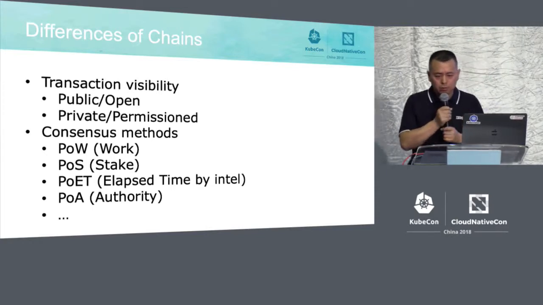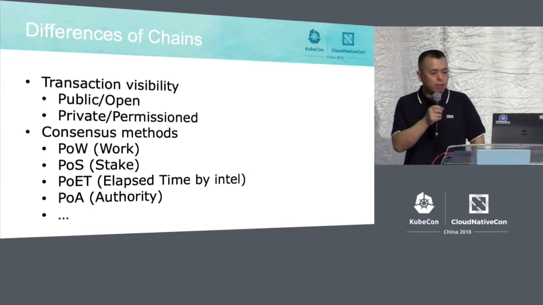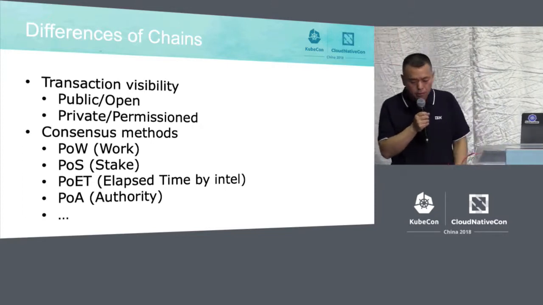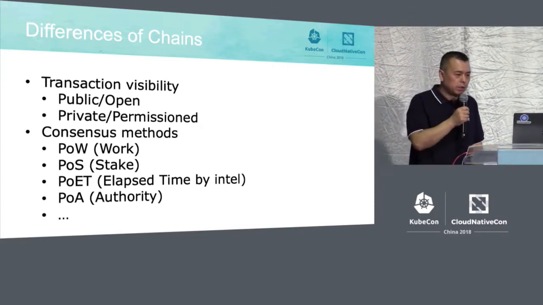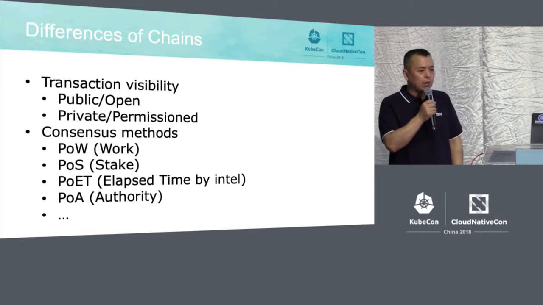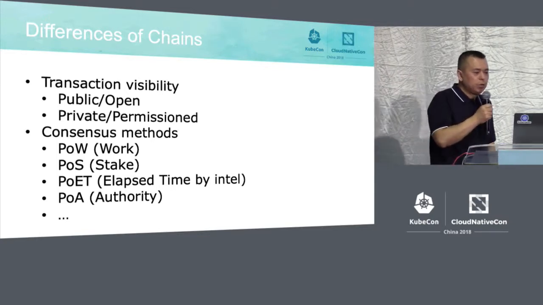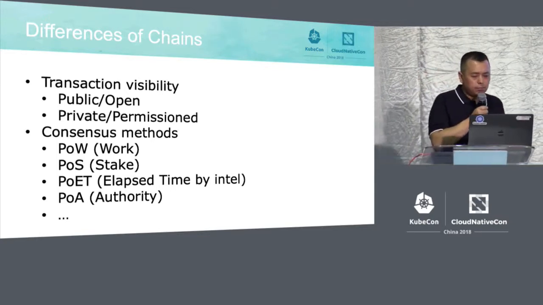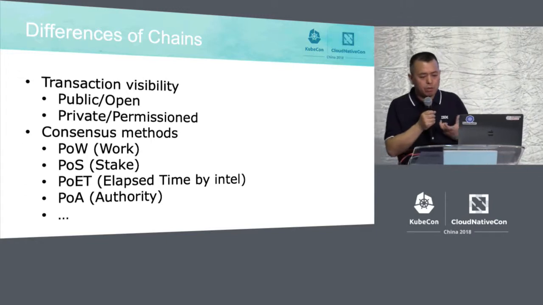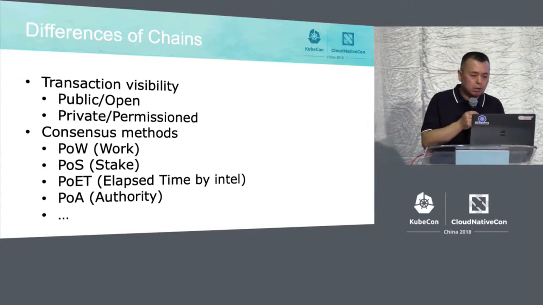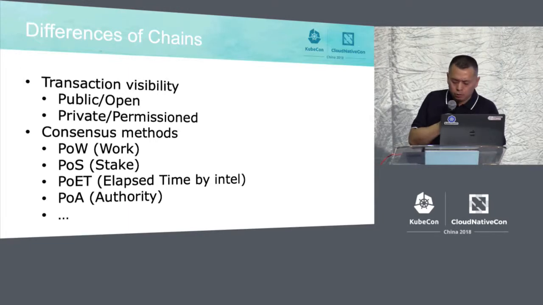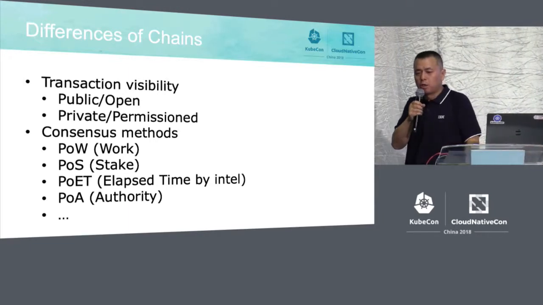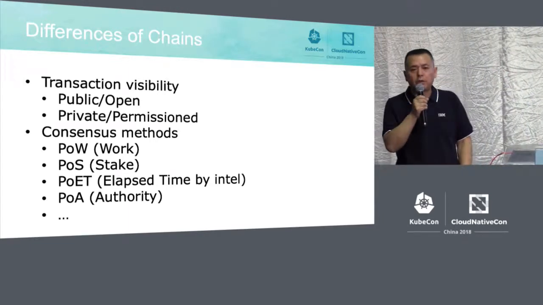So a lot of people already know Bitcoin and other cryptocurrencies, but most of those applications or coins are actually public. The transactions are available on the network, right?